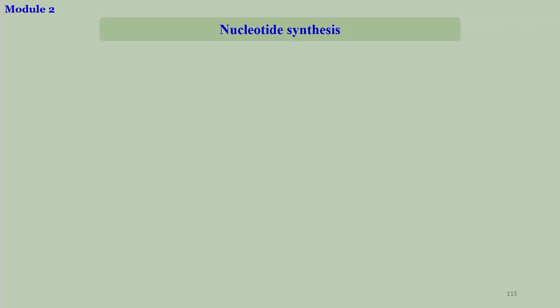So, now this is actually for the nucleosides synthesis, and we have already done, and this is for the sugar chemistry. Now, today I will come back now to the nucleotide synthesis.